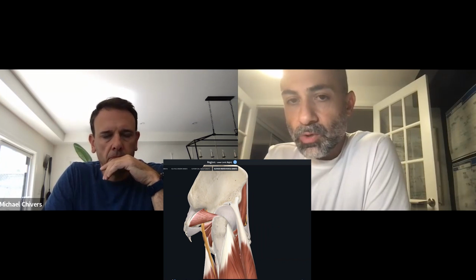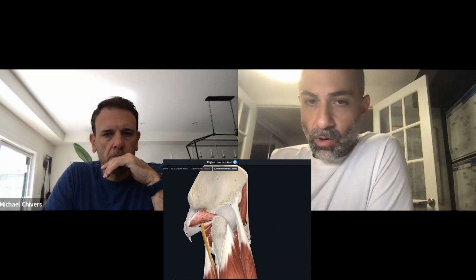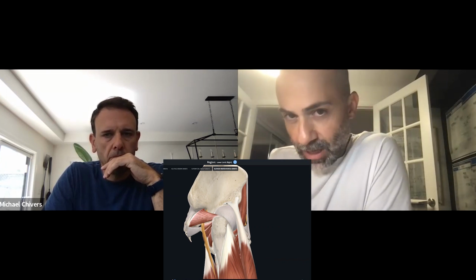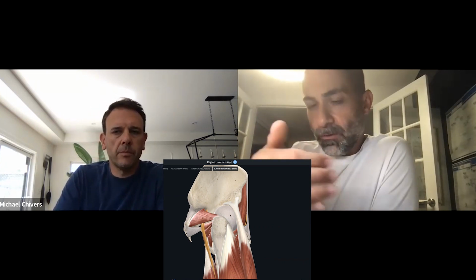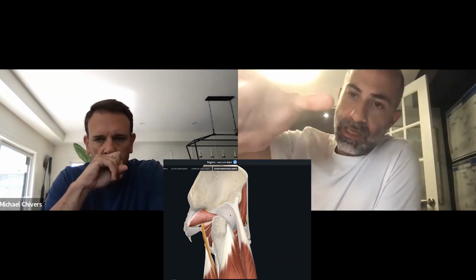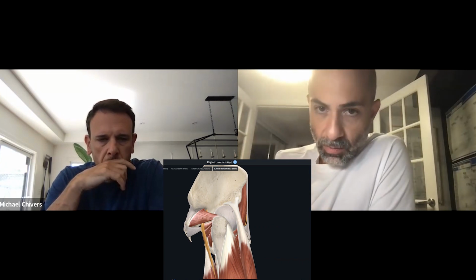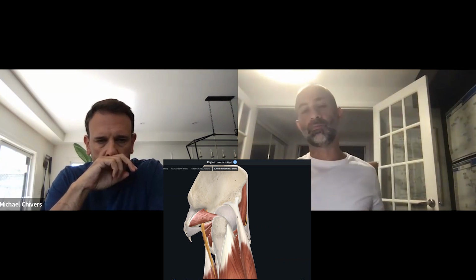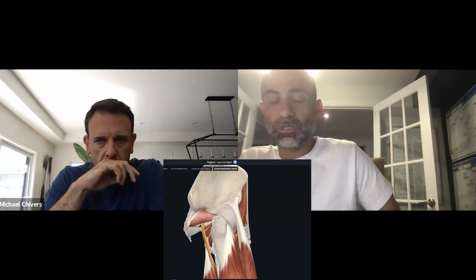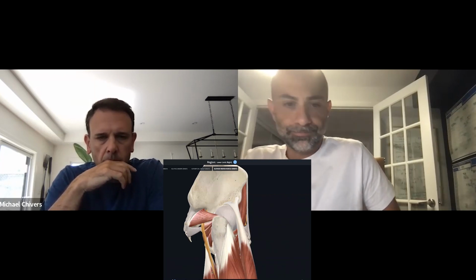Then we'll do an isometric resistance against the rectus femoris in order to preferentially activate that deep head, the reflexive head. With a few of those reps, when you retest hip flexion, oftentimes the pinch is gone. That would tell you that you really want to focus your treatment into this reflexive head in order to bring back the function, which is to pull that capsule out of the hip joint space.